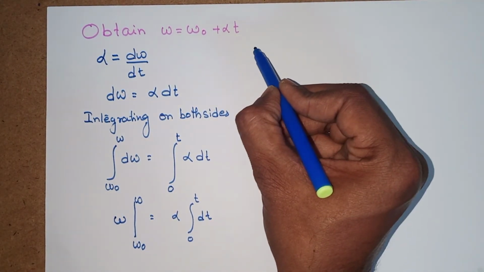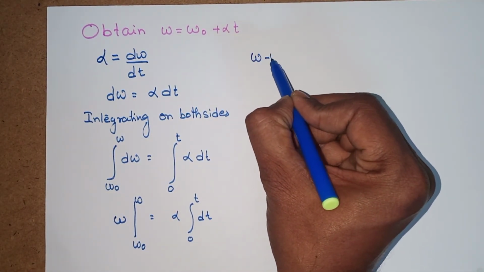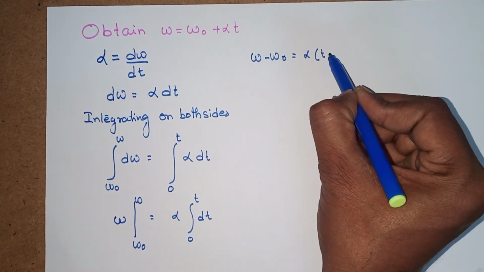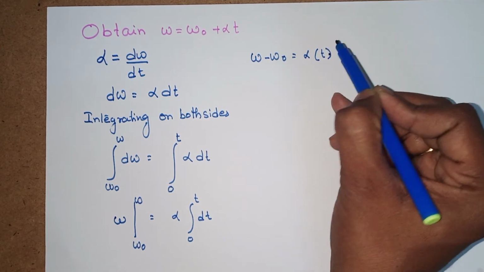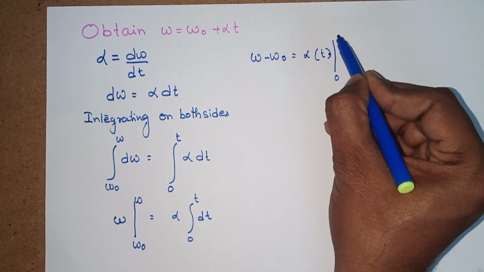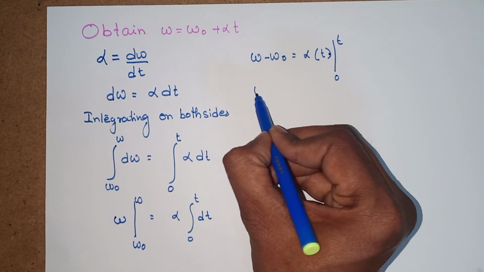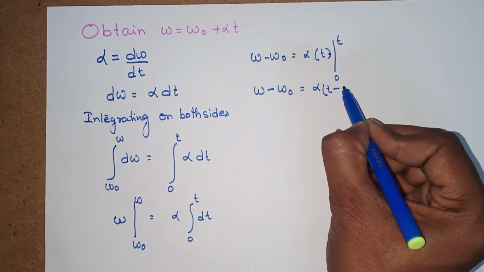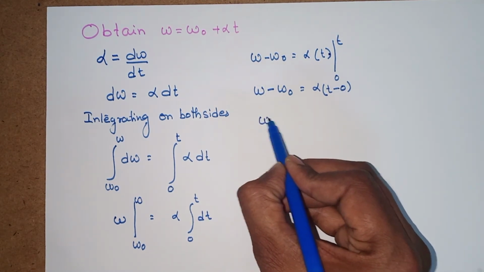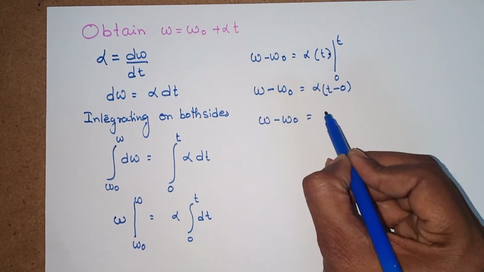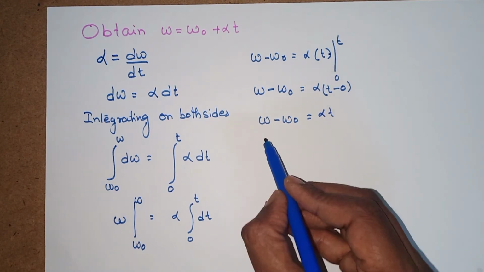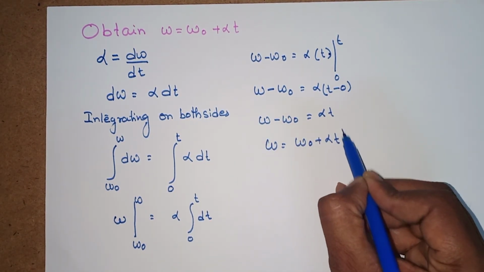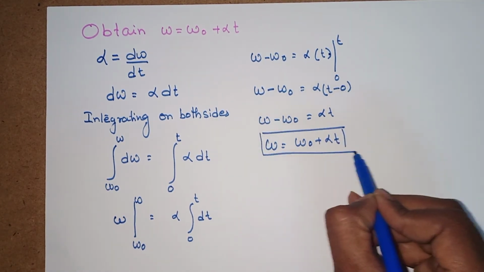Applying the limits, omega minus omega naught is equal to alpha into t minus 0, because the integration of dt is t. Omega minus omega naught is equal to alpha t. Omega is equal to omega naught plus alpha t. This is the first equation.